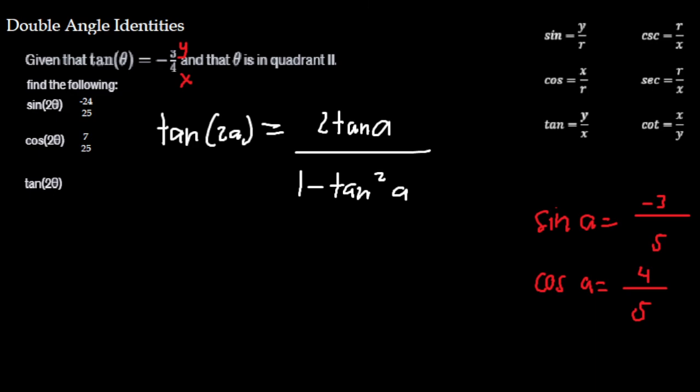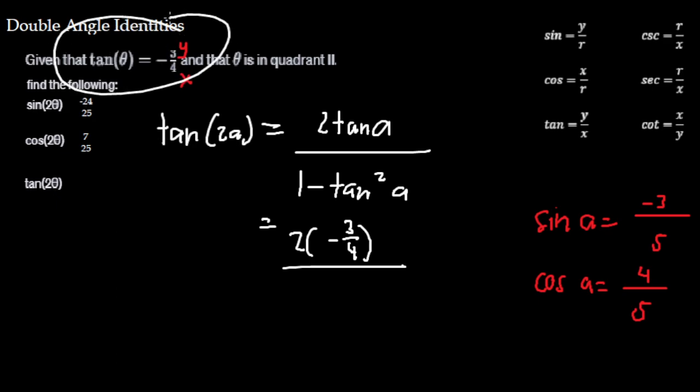Now, let us substitute: 2 multiplied by the tangent of a, which is negative 3 over 4 from this problem, over 1 minus tangent squared of a, which will be negative 3 over 4 squared.